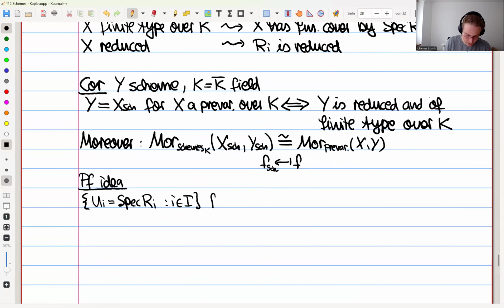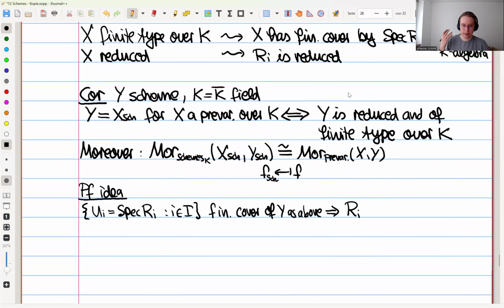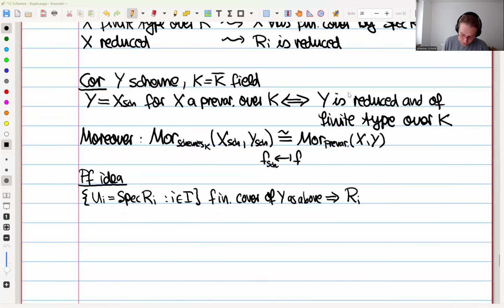So if we take this finite cover, then each of the Ri is a finitely generated reduced K algebra. And then we have seen these are exactly all of the rings which can appear as the coordinate rings of an affine variety.